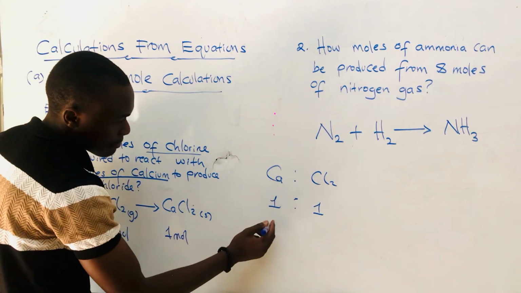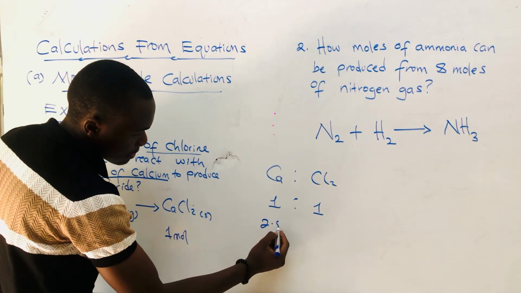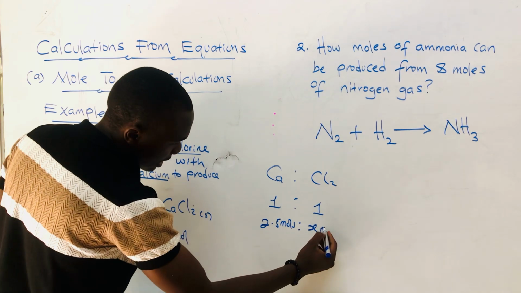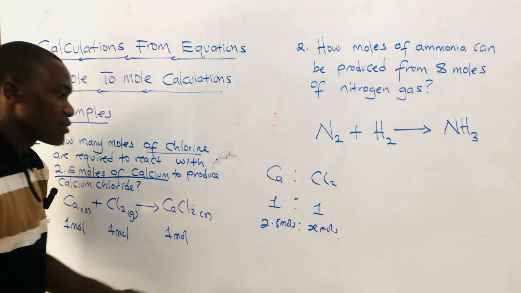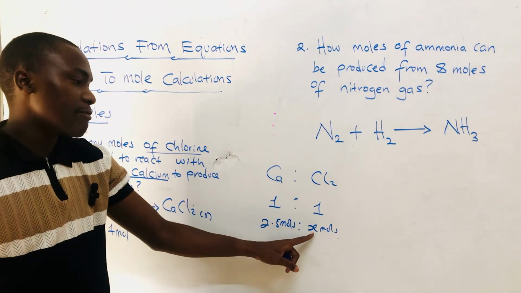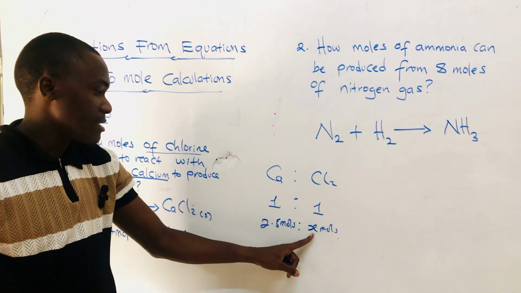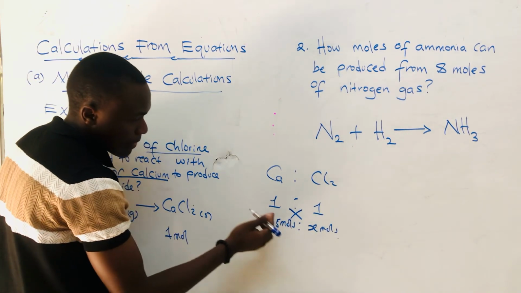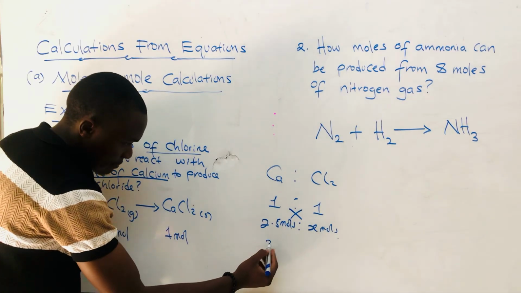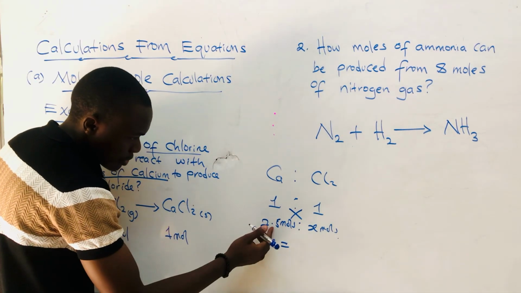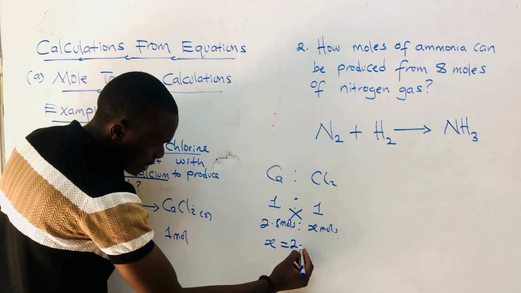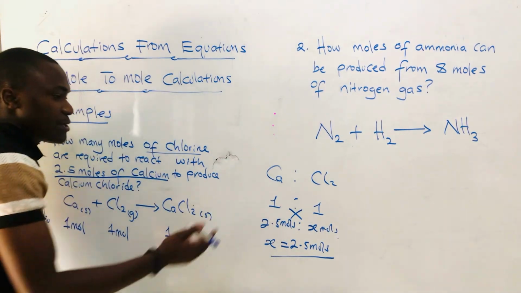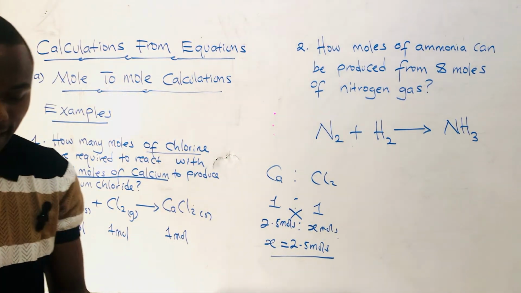So where there is calcium here, we're going to put 2.5 moles. So I'm saying 2.5 moles to X moles, like that. So we want to now calculate the number of moles of chlorine that are required in this case. So from here, we are just going to cross multiply. Now 1 times X gives us X equals 2.5 times 1. We get what? 2.5 moles. So 2.5 moles of chlorine will be required in this case.